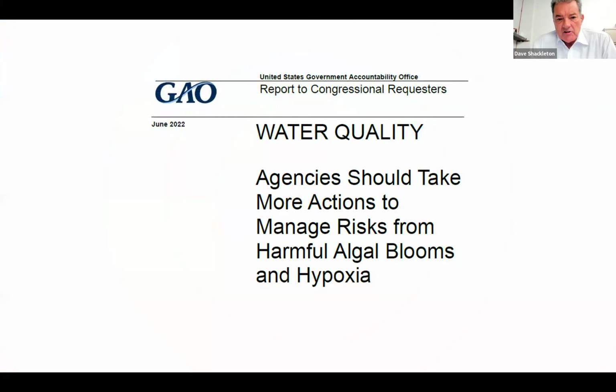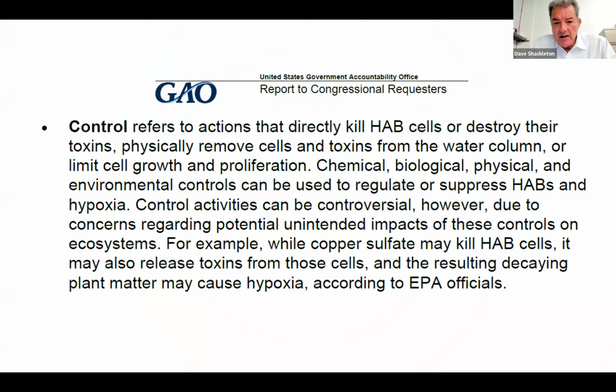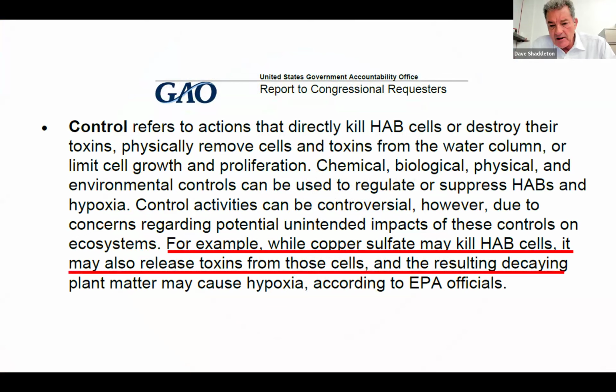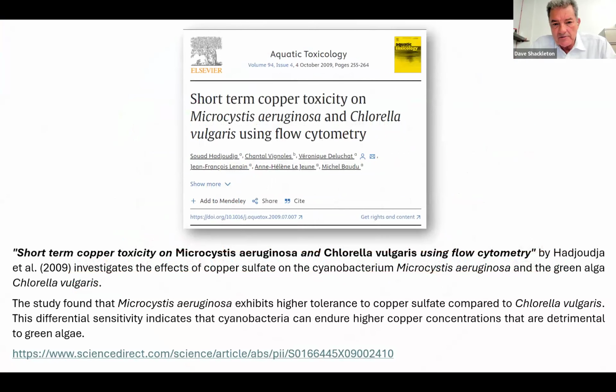And I mentioned that the Government Accountability Report drew attention to some of these things. It actually specifically calls out copper sulfate that can kill the HAB cells, release the toxins, and the decaying algae cells will cause hypoxia and make the whole situation worse.